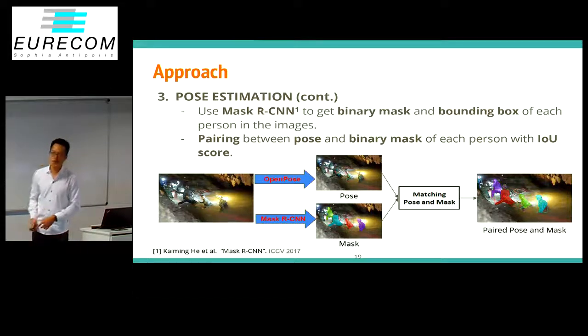So they apply the Mask RCNN to segment the human out of those images, and the segmentation network works quite well. So they just extract the part of the human body above the water. By matching a pose with the mask, by applying the IOU score, they obtain the paired pose and mask.